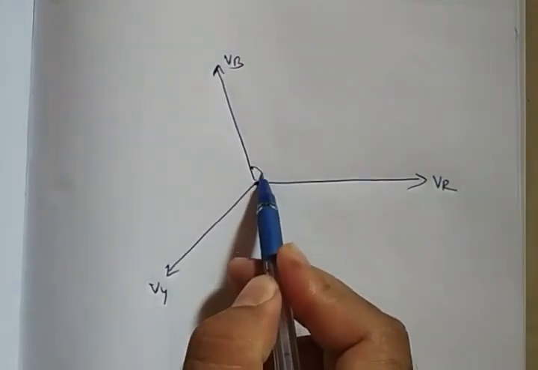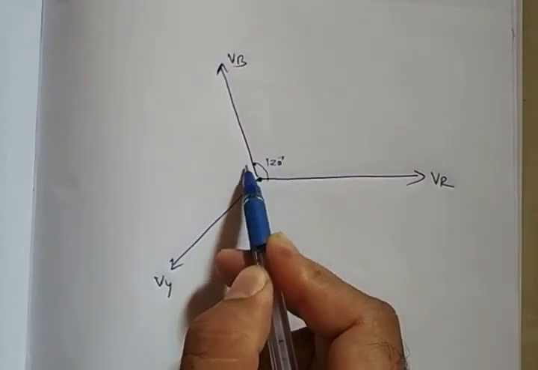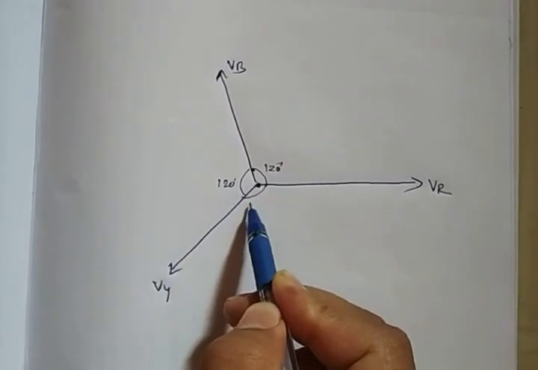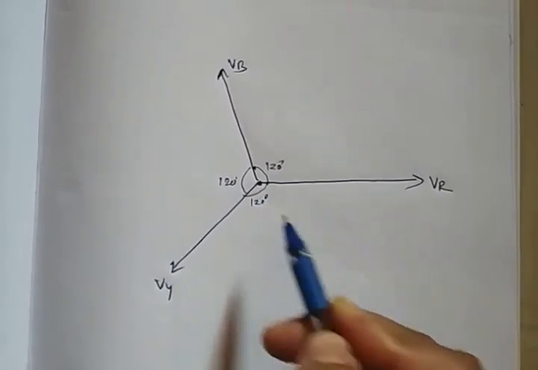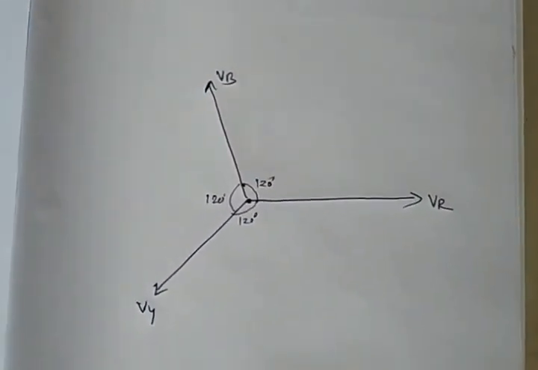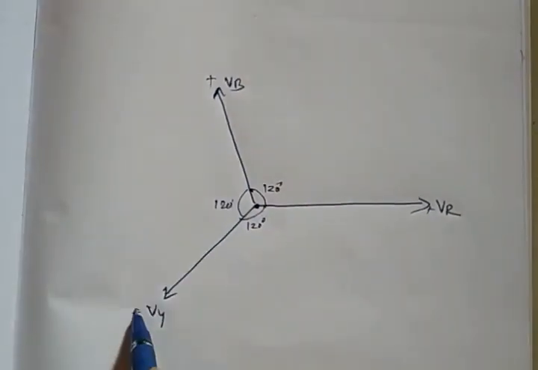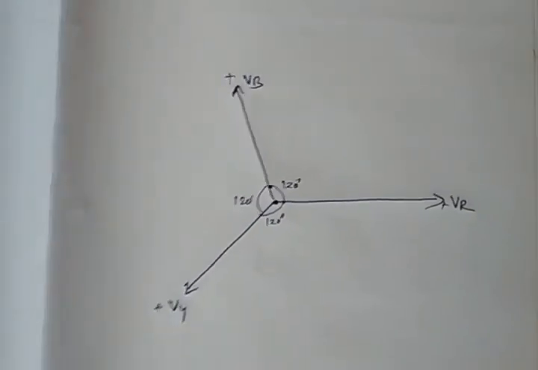Remember, the phase angle between VR and VB is 120, VY and VB is 120, and VR and VY is also 120 degrees. These are the assumed positive reference directions of VR, VY and VB.